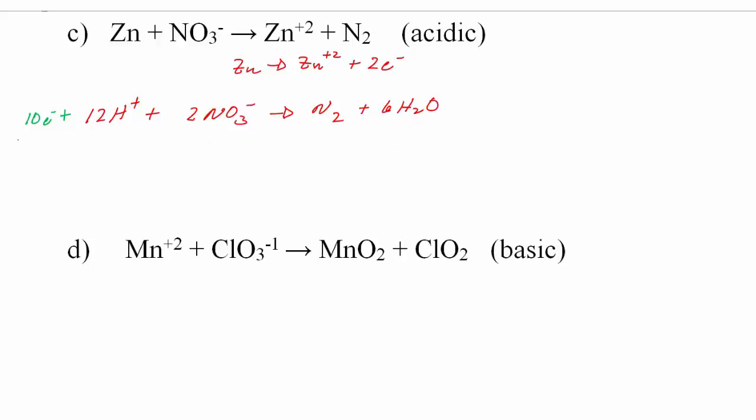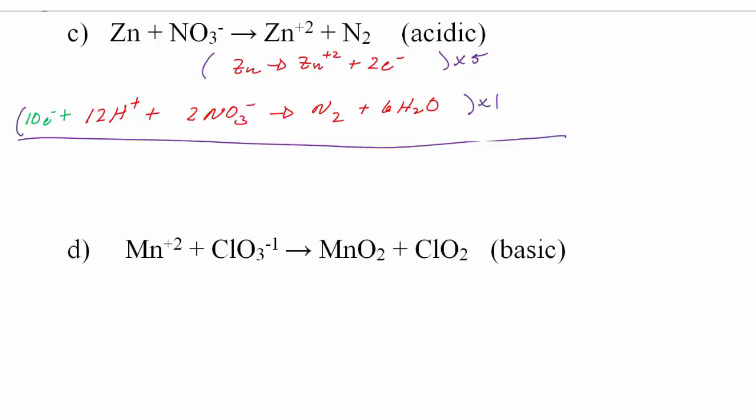Okay, now I'm ready to add these up, but I have to cancel electrons. So multiply the top one through by 5, the bottom one just by 1. So I'll have 5 moles of zinc, and so the electrons are going to cancel. 12 moles of hydrogen ion, 2 moles of nitrate.